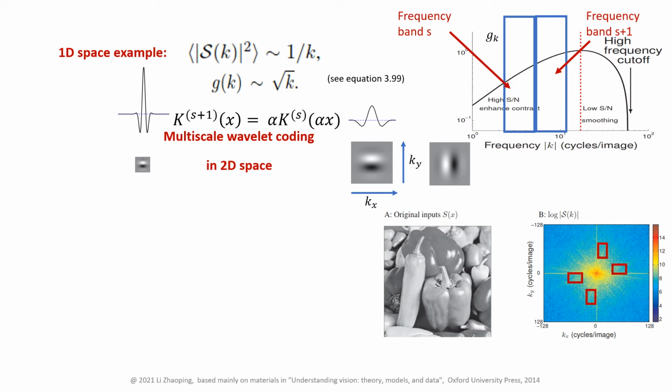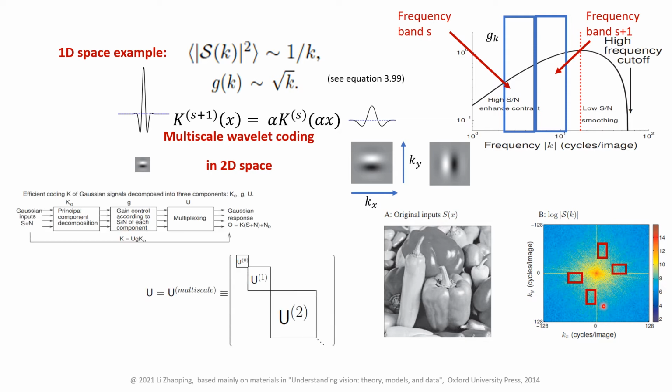Carving up the frequency space with different frequency bands covering different frequency regions without any overlap comes from this block diagonal unitary matrix as the multiplexing step in the efficient coding transform. It is designed such that different submatrices in here do not overlap in the columns or the rows of this matrix.